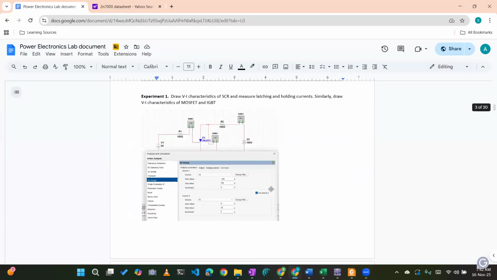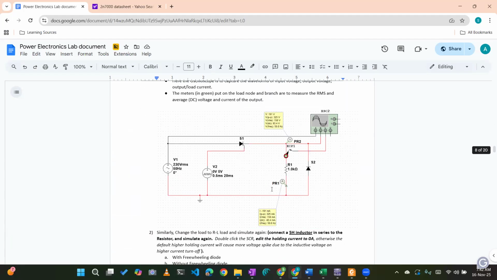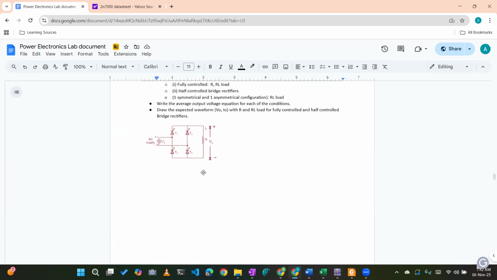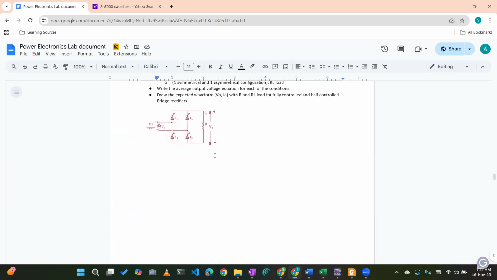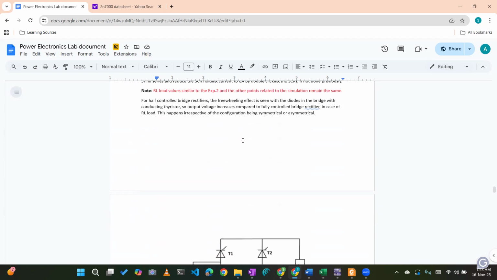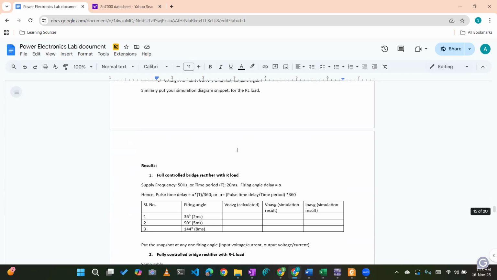You can refer to any documents, any online source also. So for example, full bridge: this is the circuit diagram. Either you draw that or this, it is the same thing. These are the waveforms and the equation also is there. The equation will be available online.